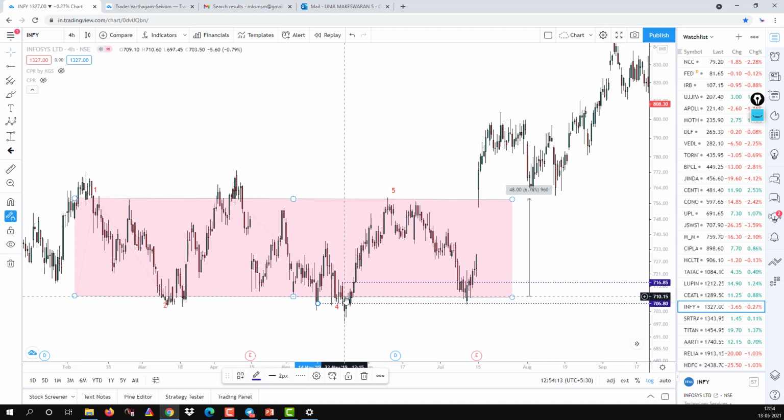You can take the trade whenever the price touches the support, and then it made a small stop loss hunting here, and it finally again comes back within the channel. In that moment you can take the entry here, and the target is the next resistance.